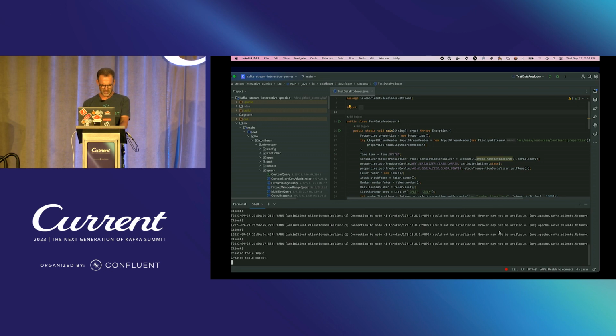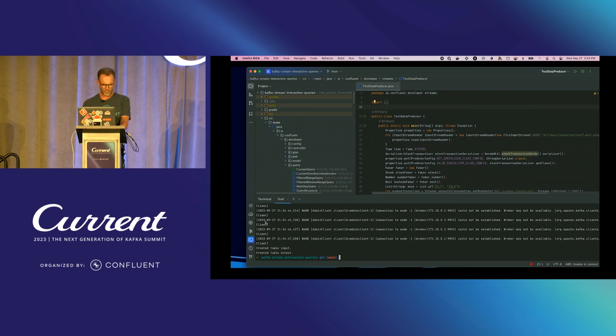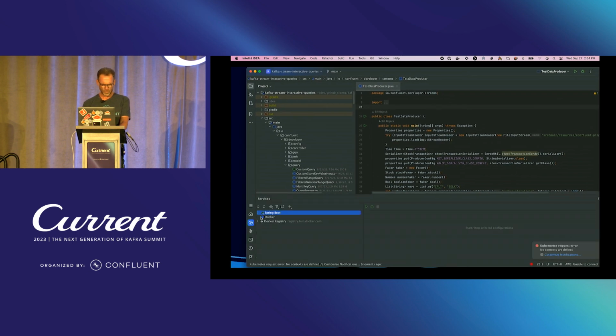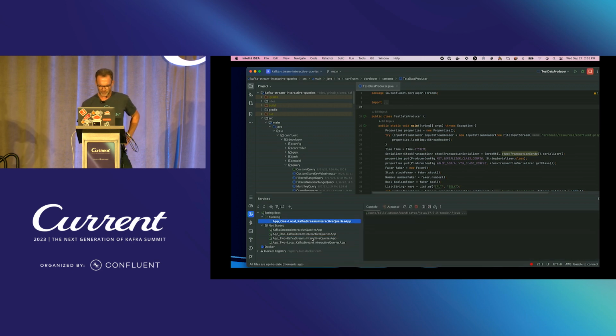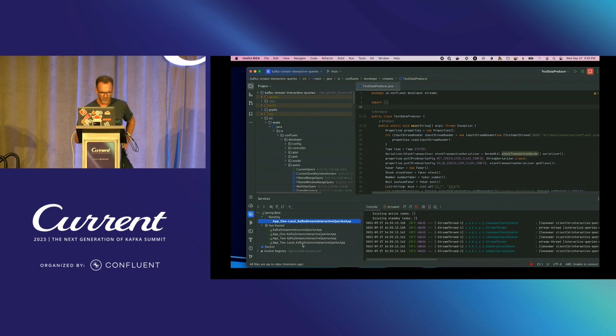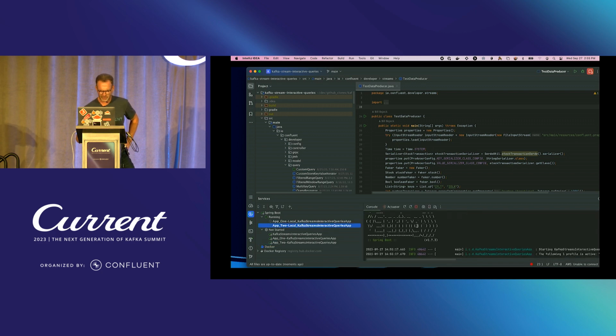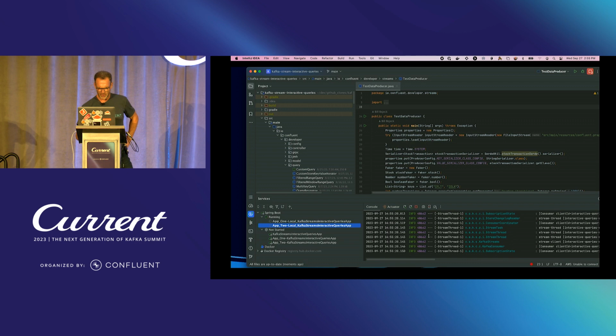There we go, input and output, great. Okay, so now we're going to start one. Okay, and now we start application 2 running. Okay, and then now we're going to produce some data.